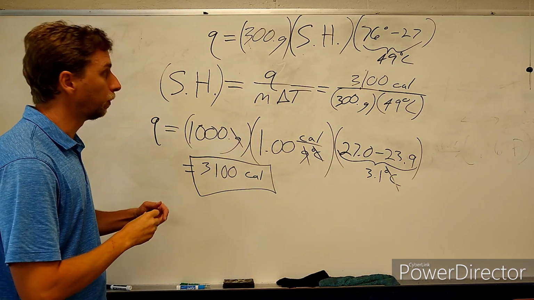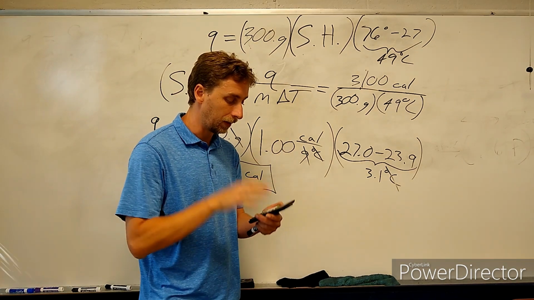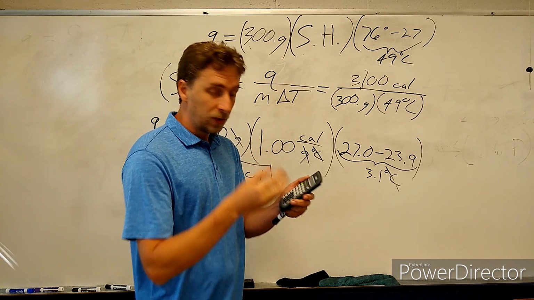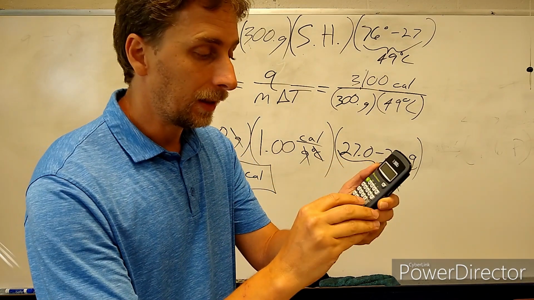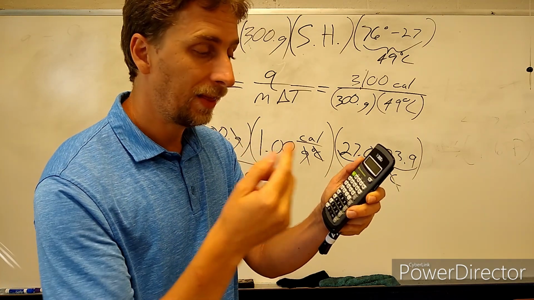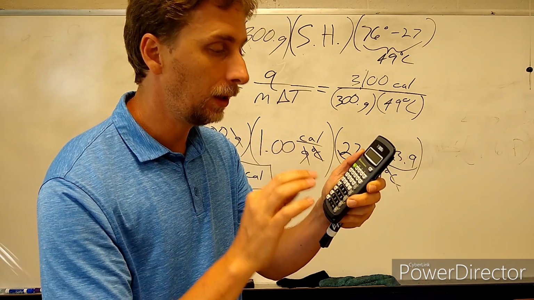Well, that's it. If you plug that in, you calculate the specific heat of the glass from your experimental data. So 3,100. I'm just going to hit 3,100, and then I'm going to hit divided by 300, and then I'm just going to go straight through and hit divided by 49, and then hit equals.